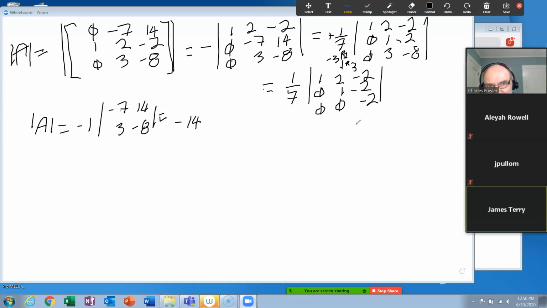I did it backwards. You divided the first one by 1/7, but going the other way, that's the same as multiplying. So this is multiplied by -7, -7/1.